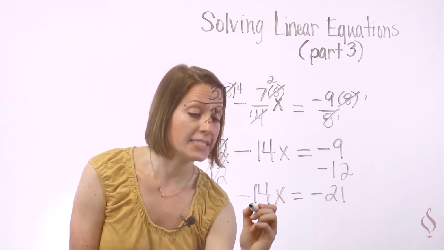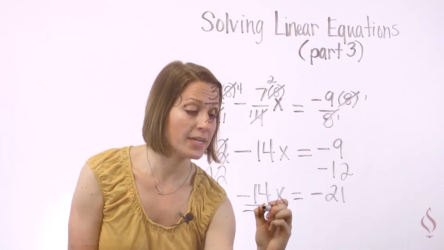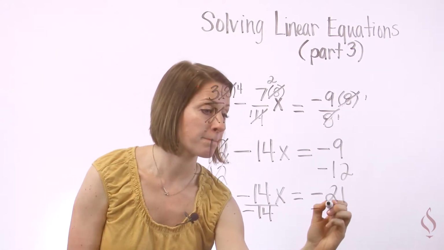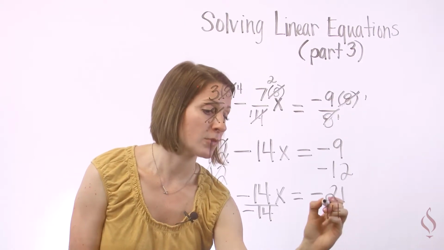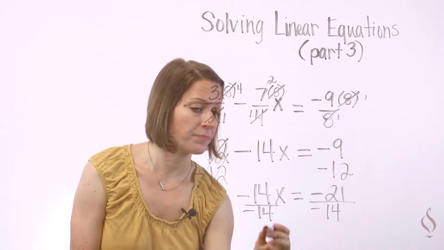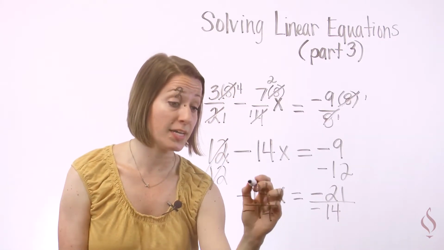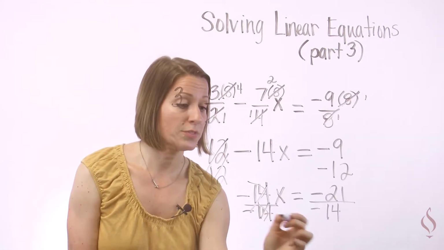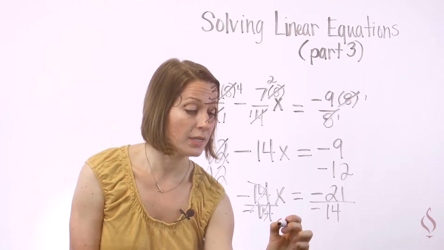Okay, last step is we're going to divide both sides by negative 14. Negative 14 divided by negative 14 reduces to a 1.